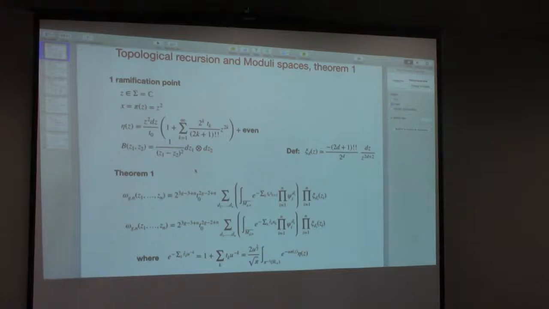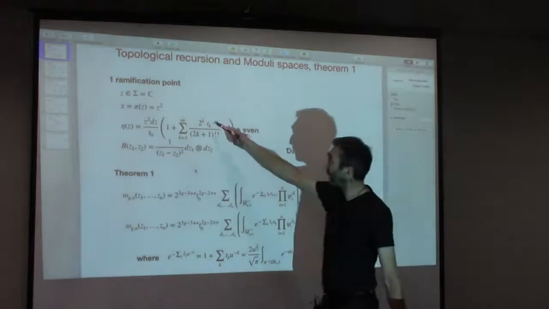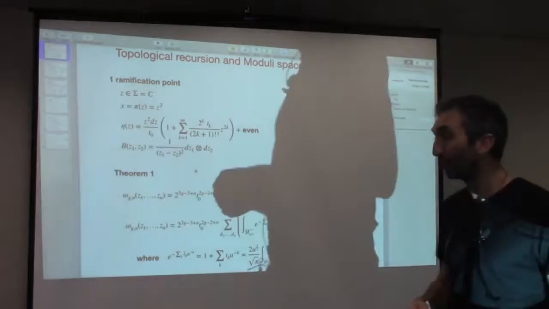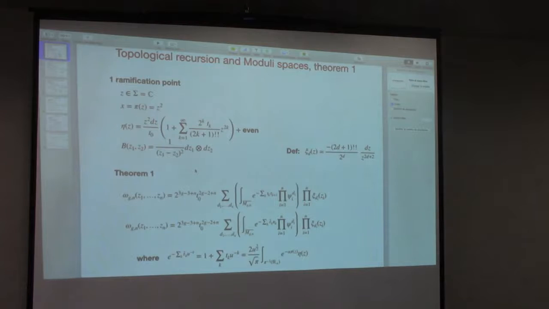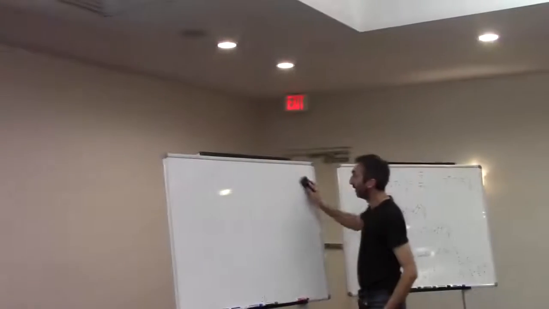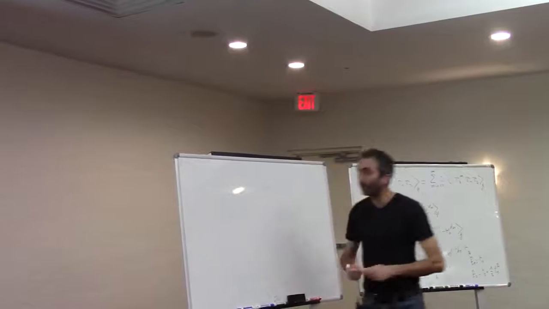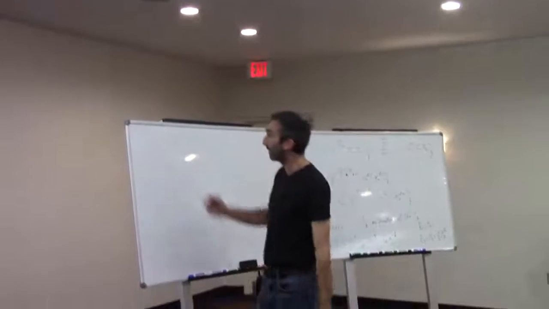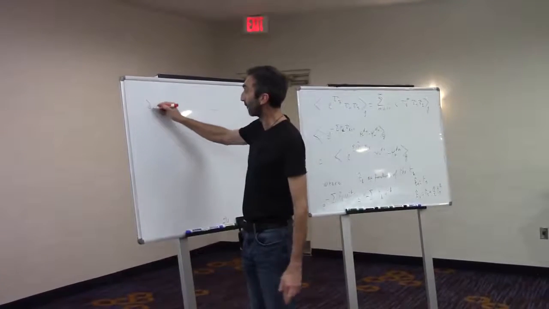Now, what happens when you turn on the tk's? Well, there is a theorem I mentioned to you the other day that topological recursion satisfies a property which I call special geometry. And one way to write it is that basically their derivatives are integrals.